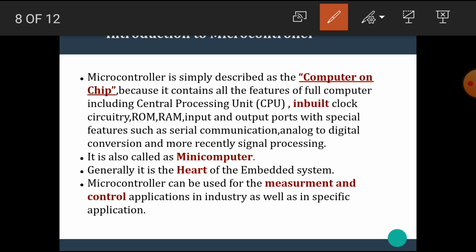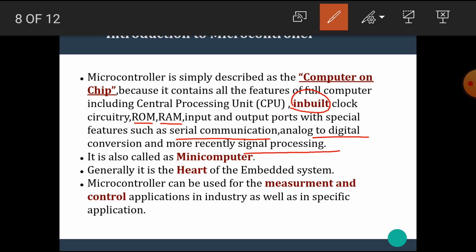Microcontroller is simply described as the computer on chip because it contains all the features of a full computer, including central processing unit, inbuilt clock circuitry, ROM, RAM, input and output ports with special features such as serial communication, analog to digital conversion, and more recently, signal processing unit.